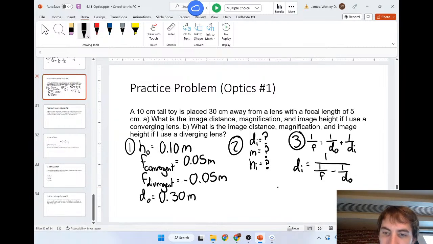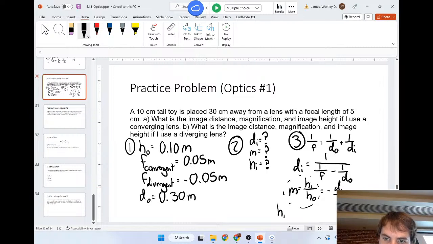Great. Magnification, we just did that, is going to be hi over ho equals negative di over do. So if you want magnification, we're going to have di, we're going to have do, easy division. And we can use this part of it to then get the height of the image.